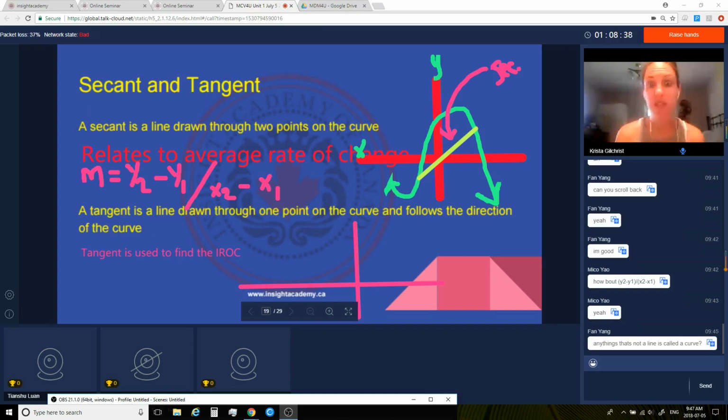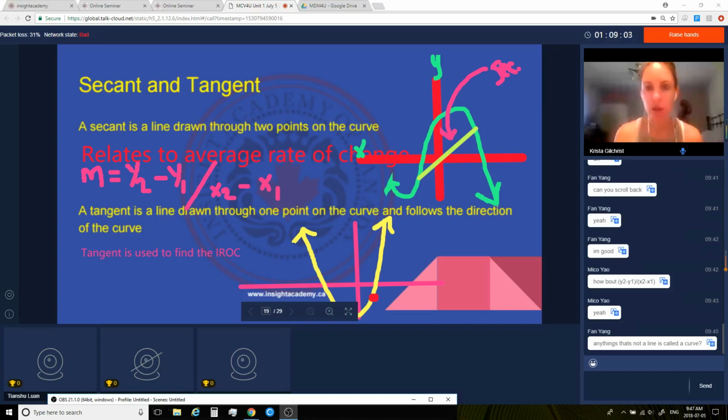So I'm just sketching a parabola, and I'm going to draw a tangent at a certain point. So I'm going to draw a tangent at this particular point in time here.